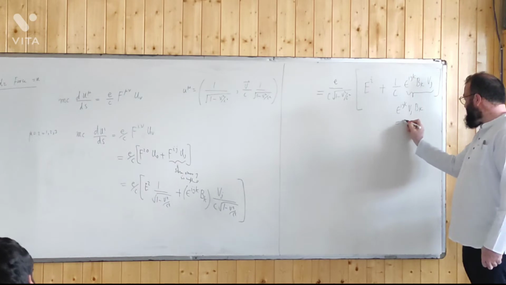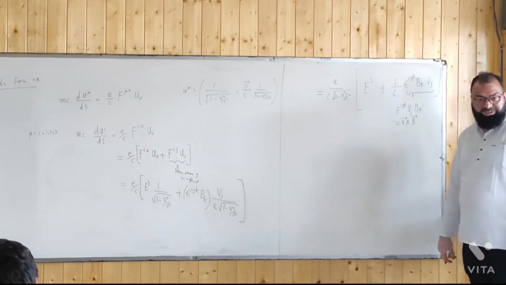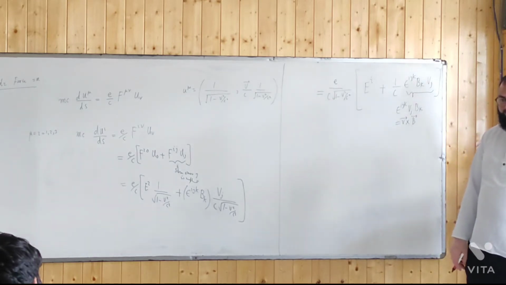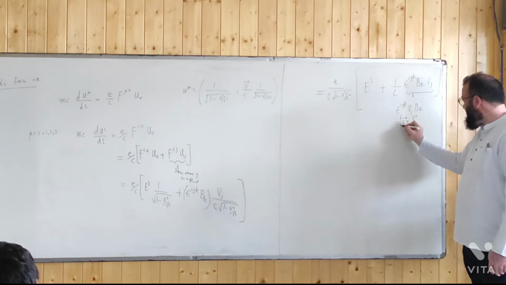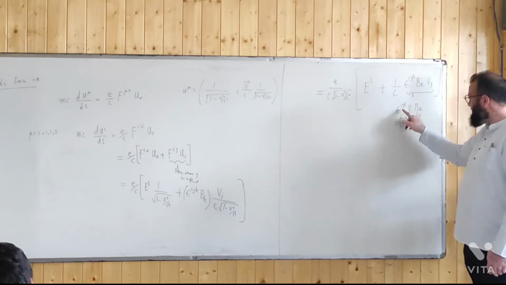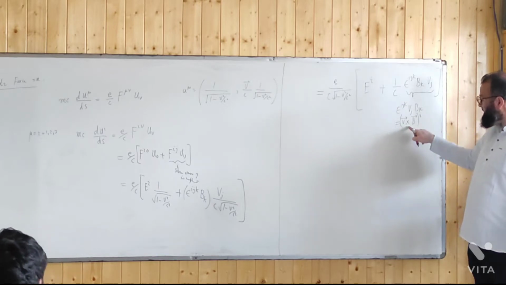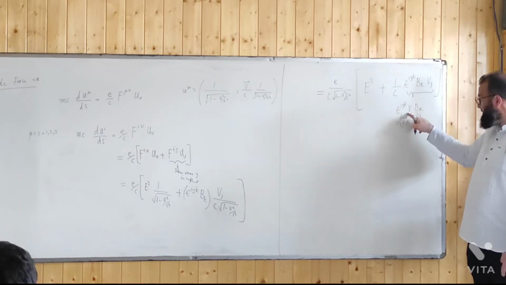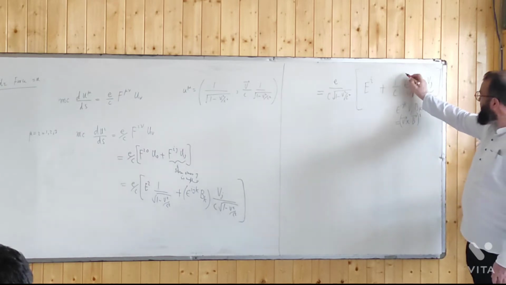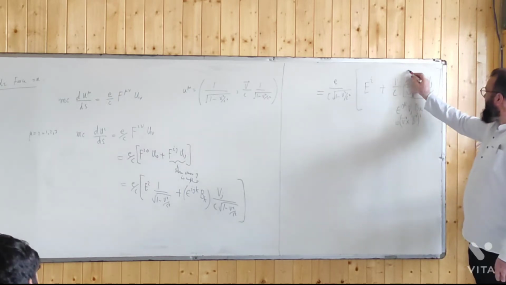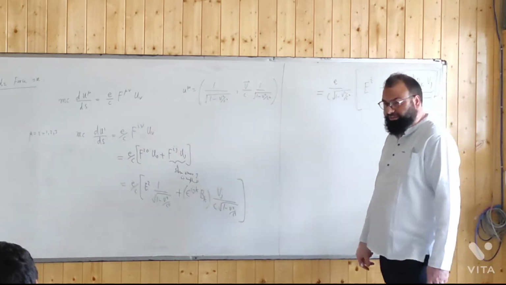So now what is this? This is simply a cross product of v and B. The ith component of this v cross B will be epsilon ijk v_j B_k. So this very object represents the ith component of the cross product of velocity and magnetic field vector.